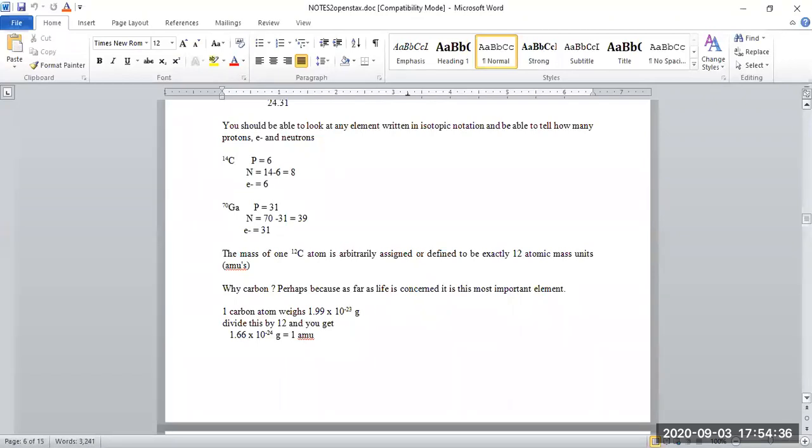So this is a little bit backgroundy, although it will come back again at a later point. Why are we using AMUs and why are they stuck on carbon? Carbon is relevant from a we're alive point of view. Carbon is one of the most common organic elements. We pick on the one that is the most common because carbon has three versions.